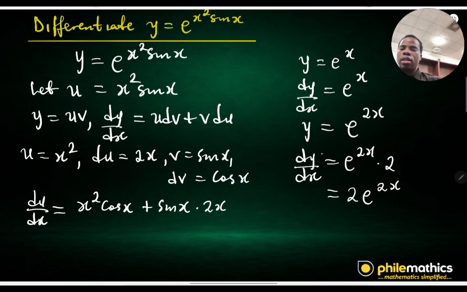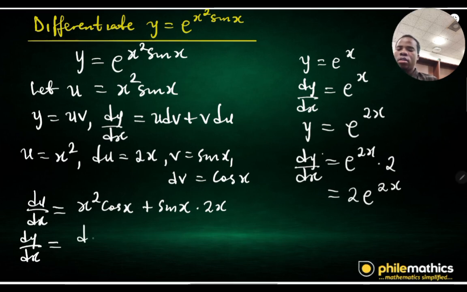Now, back to our problem. It means dy/dx will give us dy/du times du/dx.